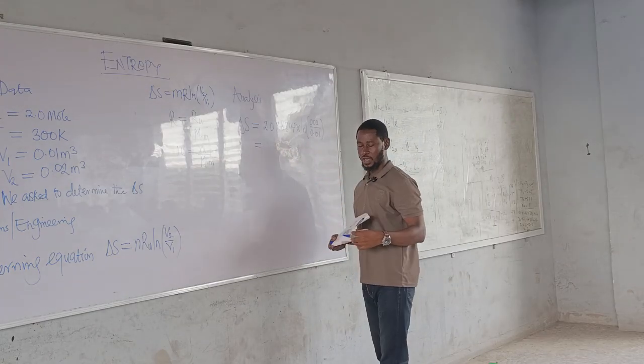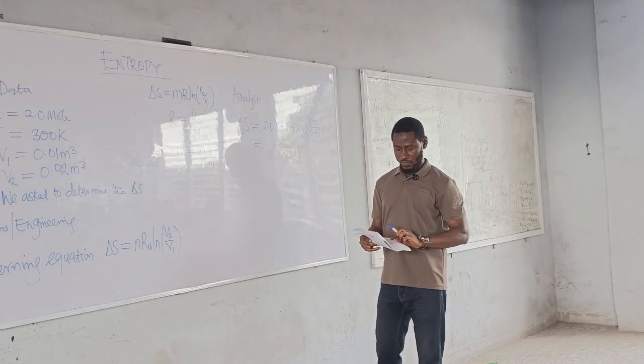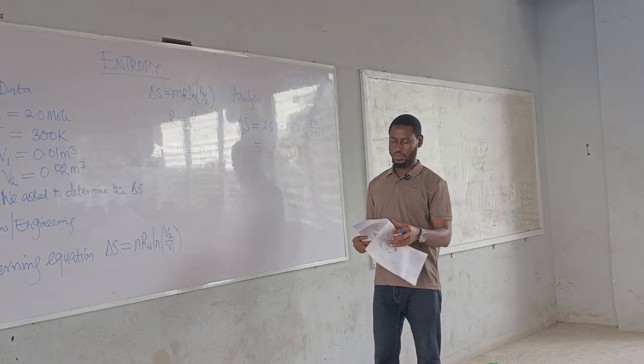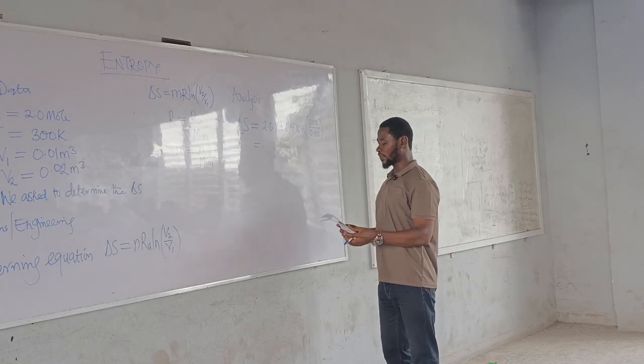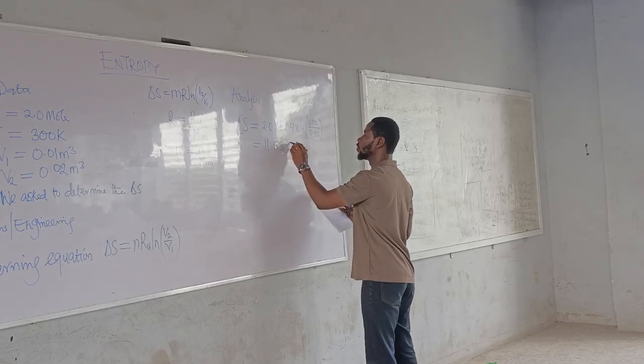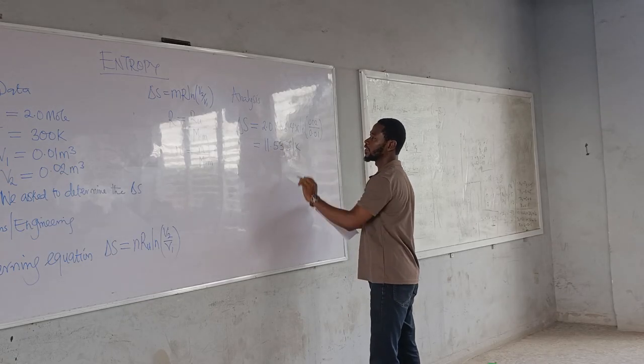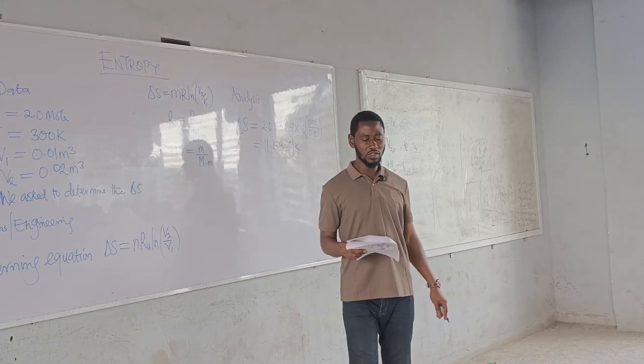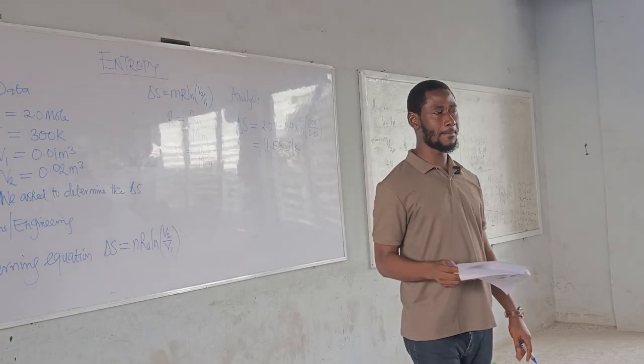By the time you punch your calculator, the result becomes 11.53 joule per Kelvin. That is the final answer.